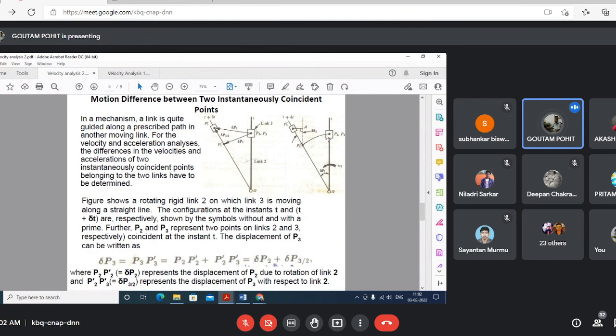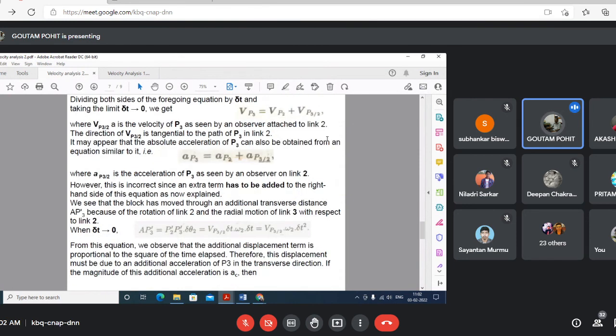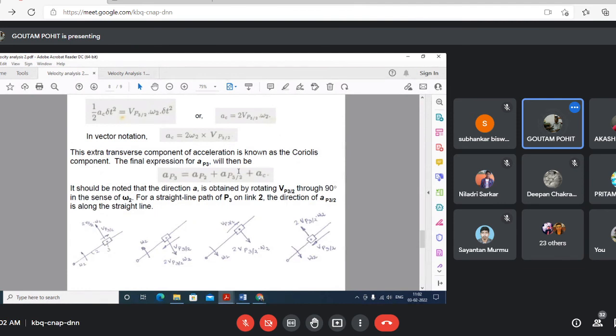And what is this force? That will create some acceleration, and that acceleration is basically AC, which is called Coriolis acceleration, and its magnitude is this one.